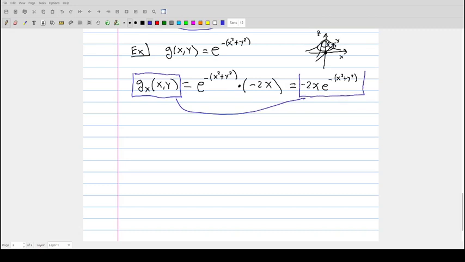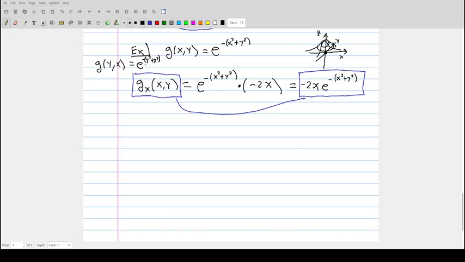And here's where I want to mention a little trick you can sometimes use for calculating the y partial derivative, and this has to do with the symmetry of the function. Not all functions are symmetric, but this function is symmetric with respect to x and y, which means if I replace g of xy with g of yx, so at any given point I swap where x and y are, this is the function e to the negative y squared plus x squared.